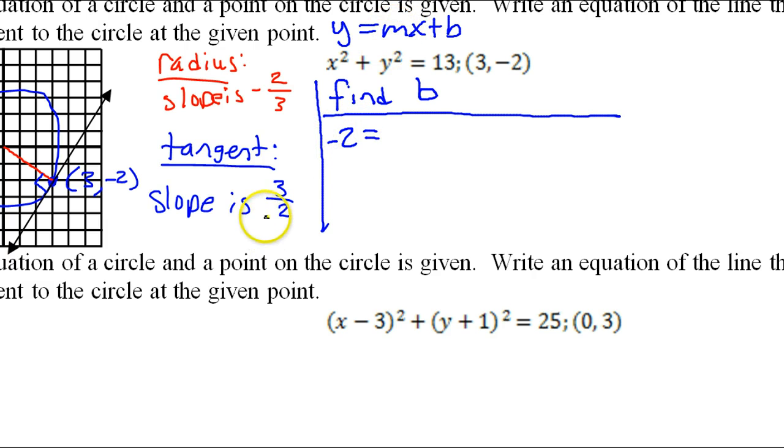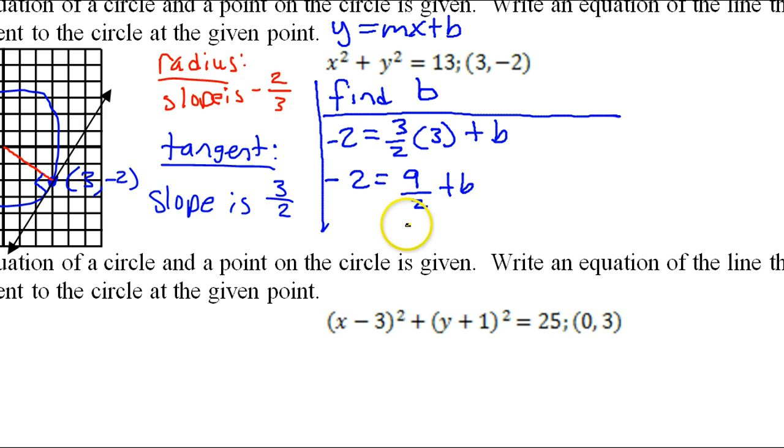For m, that's the slope, so I will use 3 over 2. For x, I will use 3, and then plus b. That gives me negative 2 is equal to 9 over 2 plus b. To find b, I would just subtract 9 over 2 from both sides.